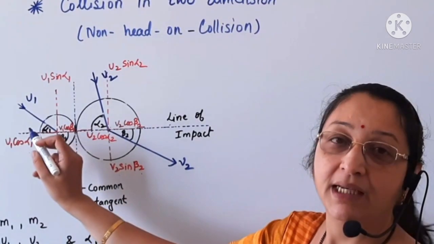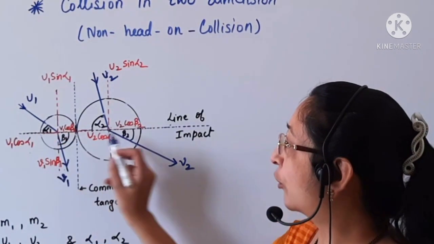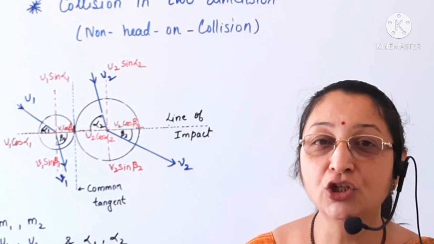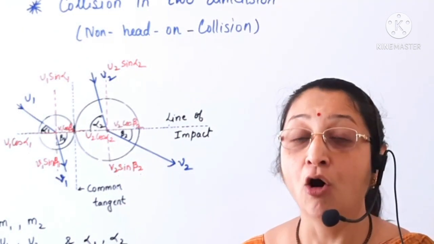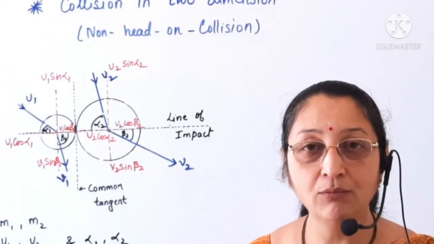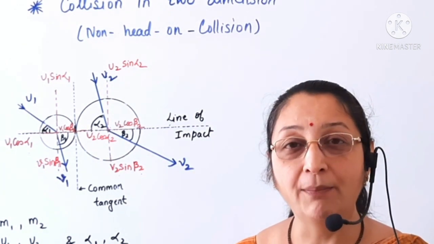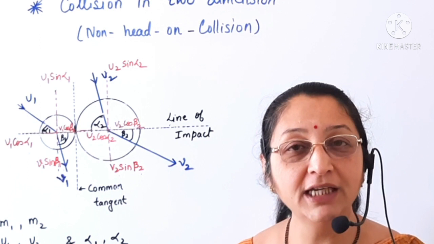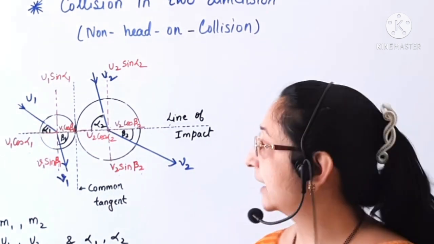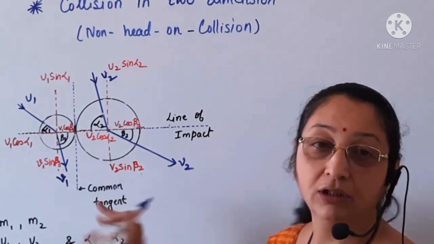In familiar words, we can say that along the x-axis and along the y-axis, we have separated the initial and final velocities of the two colliding bodies having masses m1 and m2. So now we will apply the law of conservation of linear momentum along the x-axis and along the y-axis, that is, along the line of impact and along the common tangent.